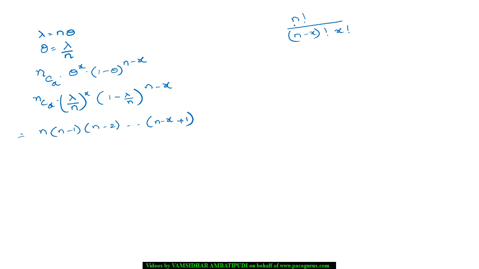So I will write this as n into n minus 1 into n minus 2, and so on, n minus x plus 1. The n minus x factorial I'm cancelling out here, whereas the remaining thing is divided by x factorial. So I will take this as lambda by n to the power x into 1 minus lambda by n to the power n minus x.